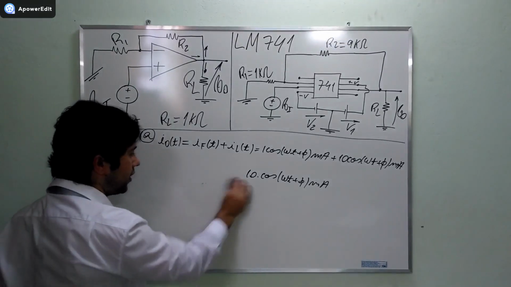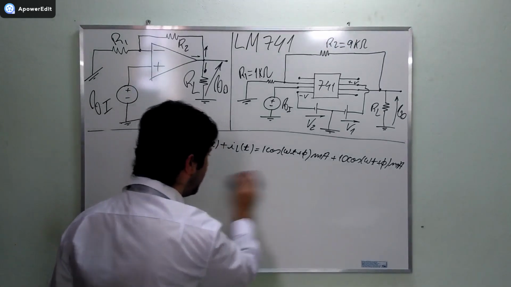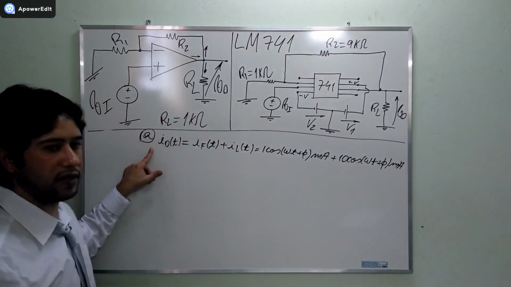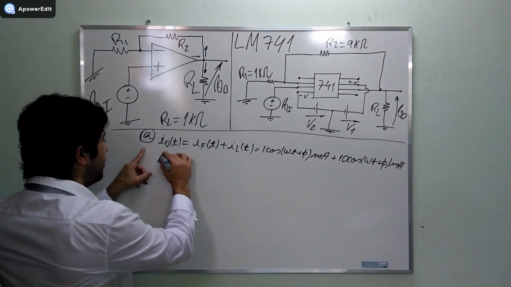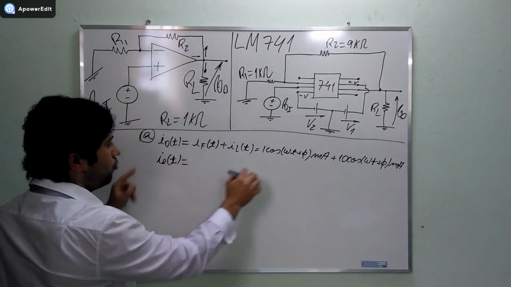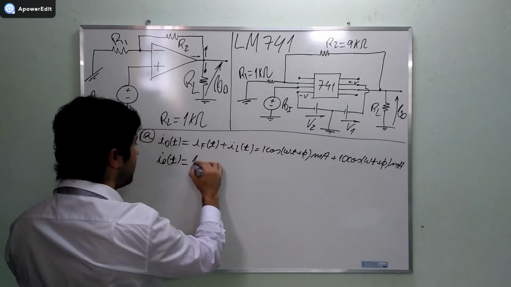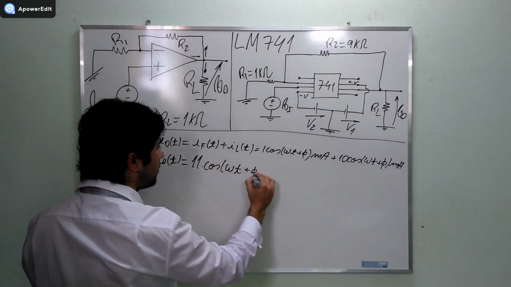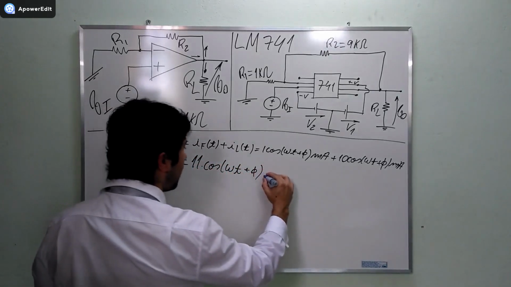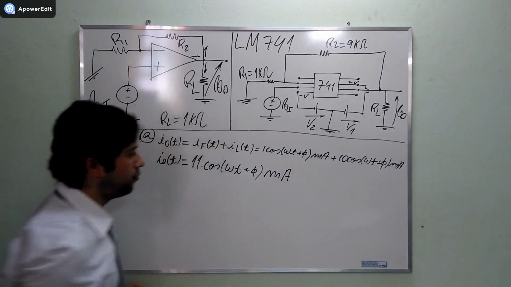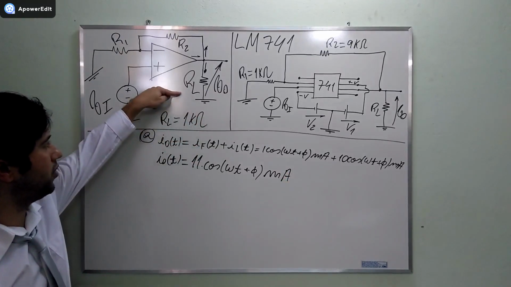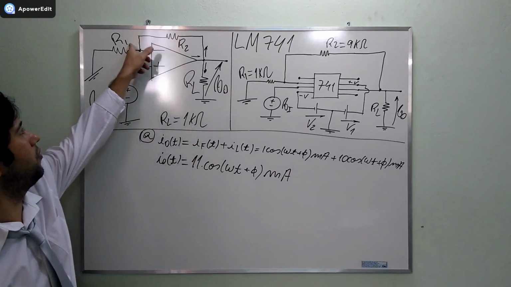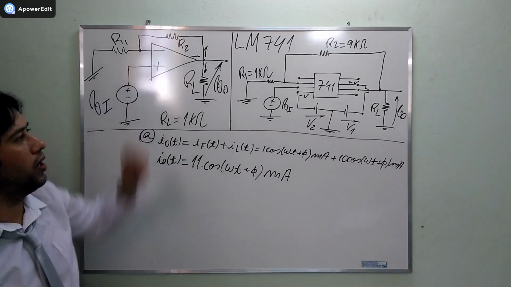If I make a mistake here, please correct me. Nobody's perfect. I make mistakes. And for letter A, I0 of t is going to be 1 plus 10, 11. 11 times the cosine of Wt plus phi milliamperes. Milliamperes because the load resistance is 1 kilo ohms, and these resistances here are also in kilo ohms.